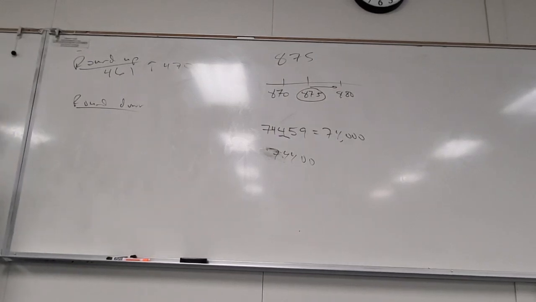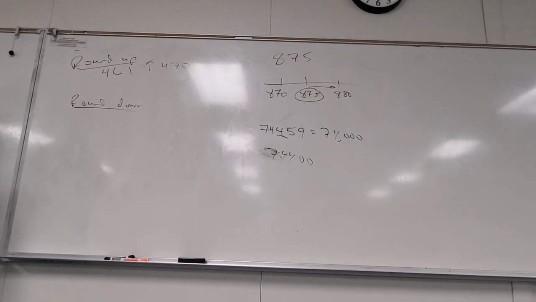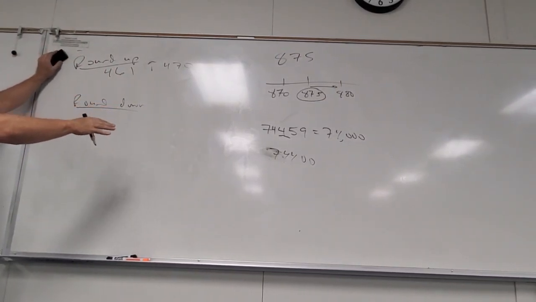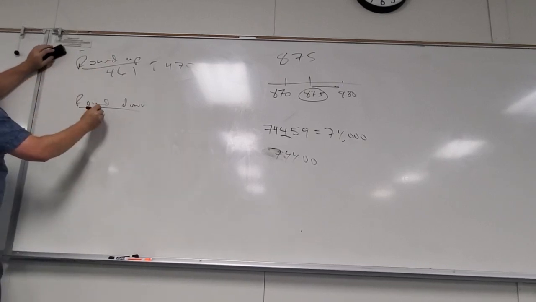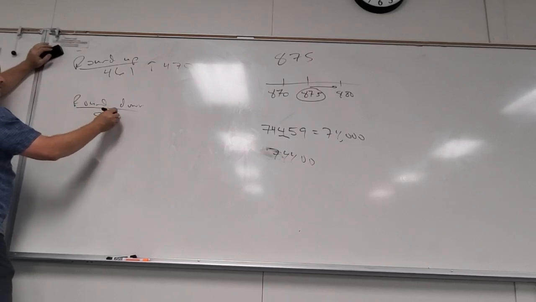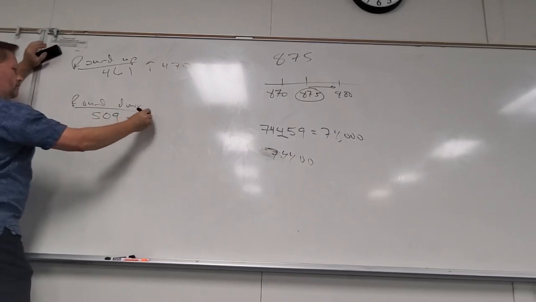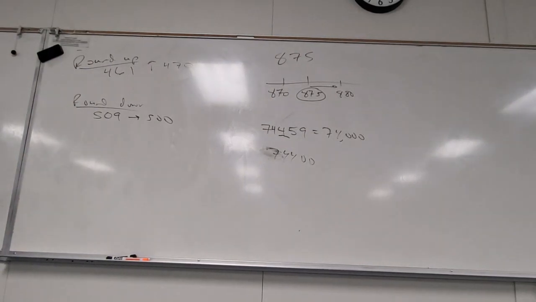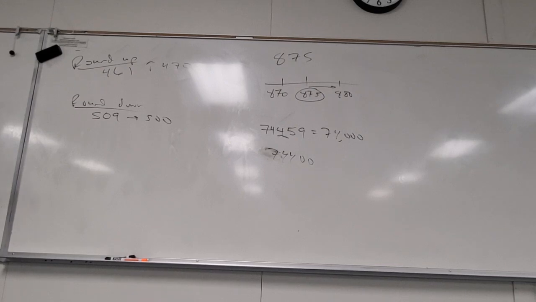I'm not sure why that's happening, or why people aren't getting as much practice with rounding anymore. So there's not much to this. If I said round 509 down, I would round it down to 500. That wouldn't make it 510.